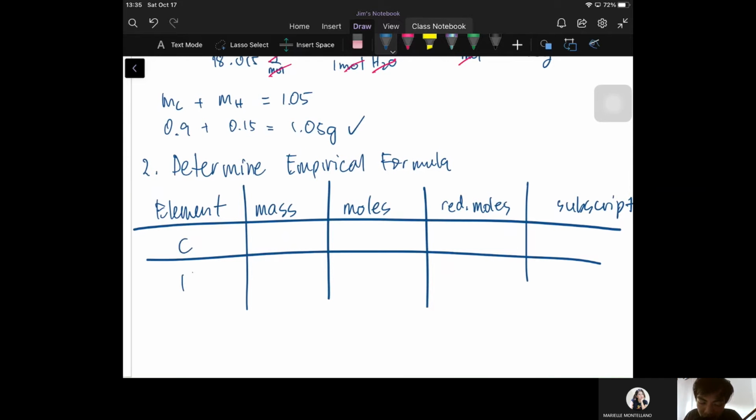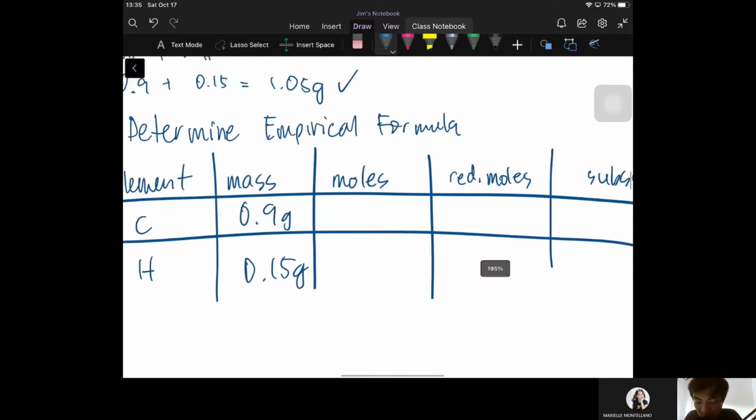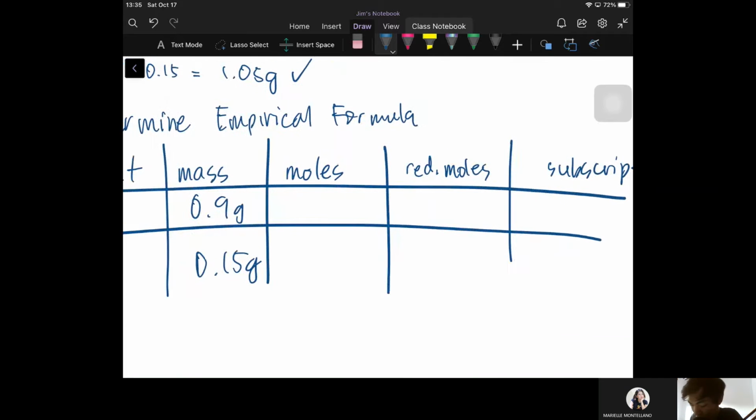So carbon, hydrogen, 0.9 grams, 0.15 grams. No? Convert na natin sila into moles. That's 0.9 divided by 12.011. Medyo maraming decimal point, no? So 0.0749 na lang.